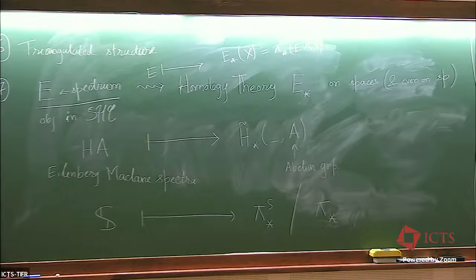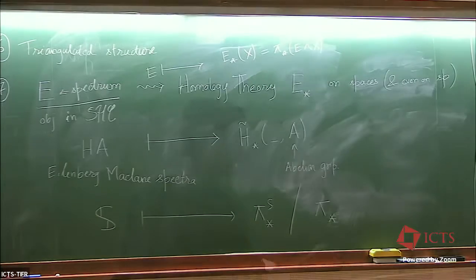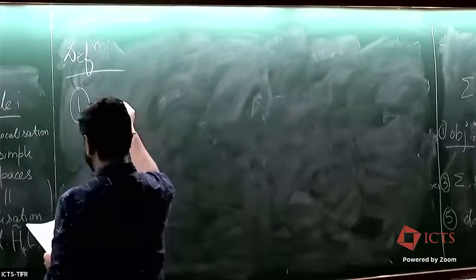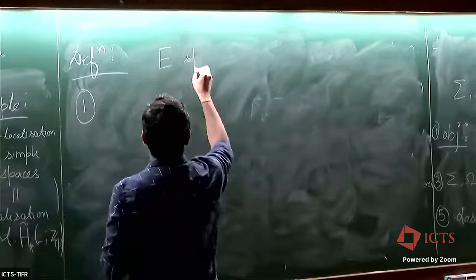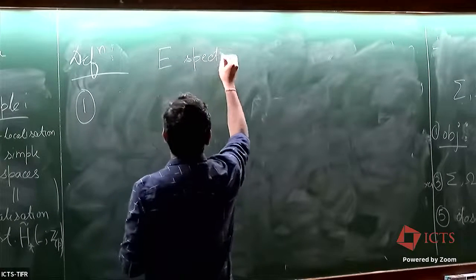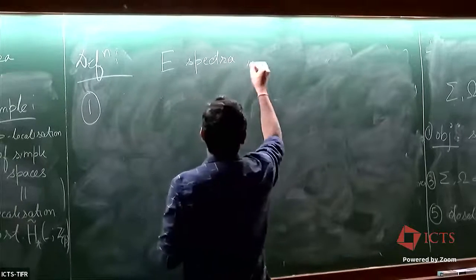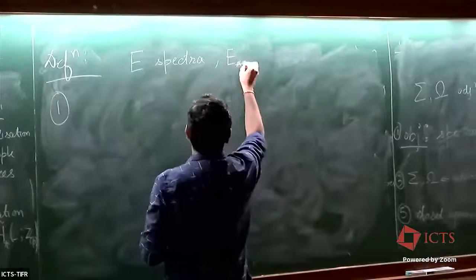Yeah, so we'll look at definitions. If we localize with respect to the spectrum, where do we land? That is the first question. So let's say E is an object in the stable homotopy category, and the induced homology theory is E star.